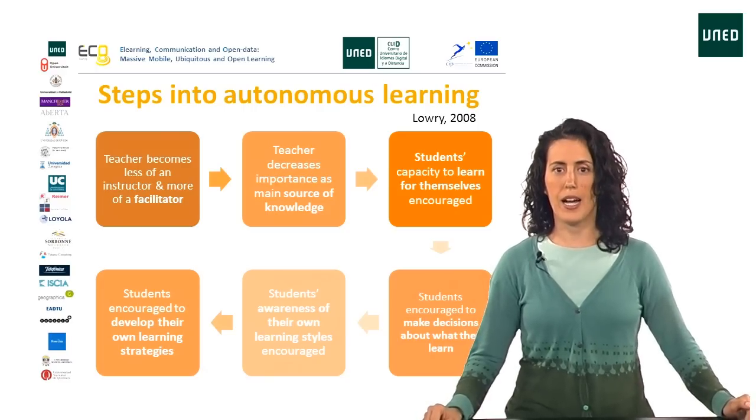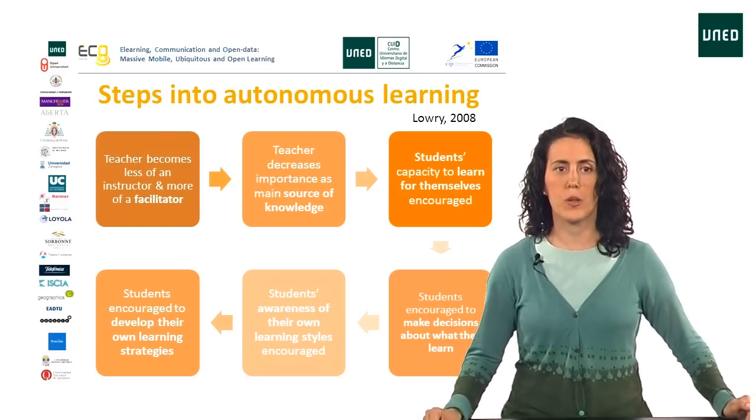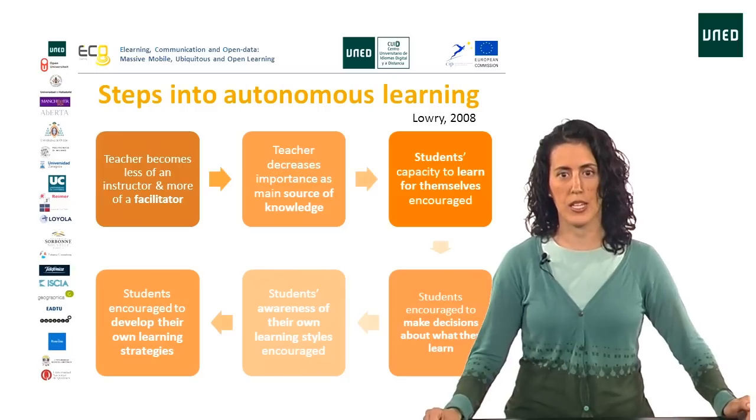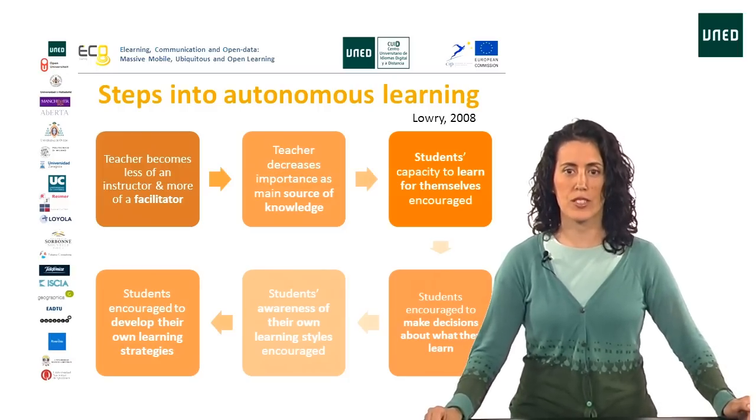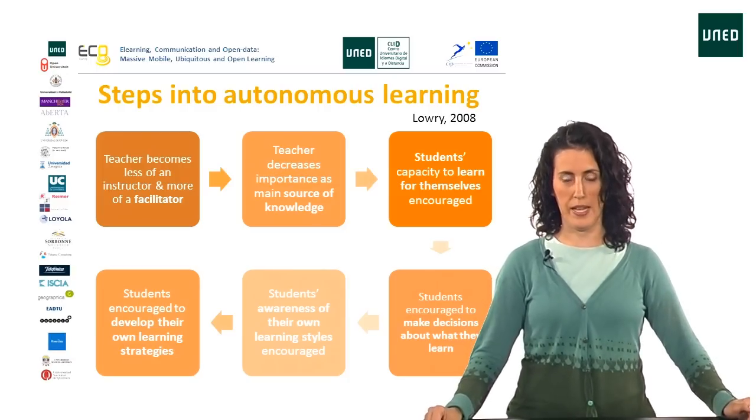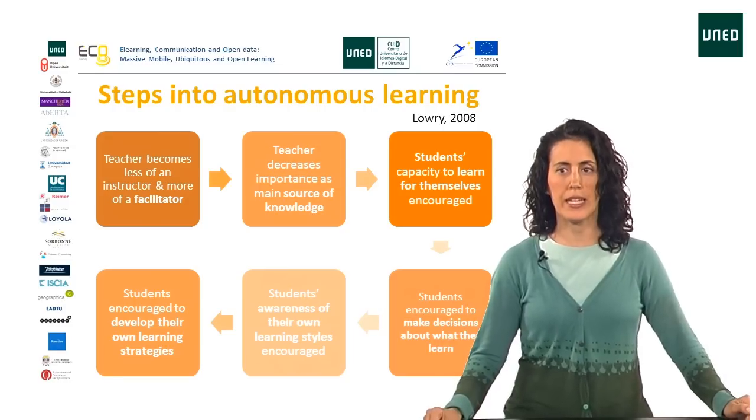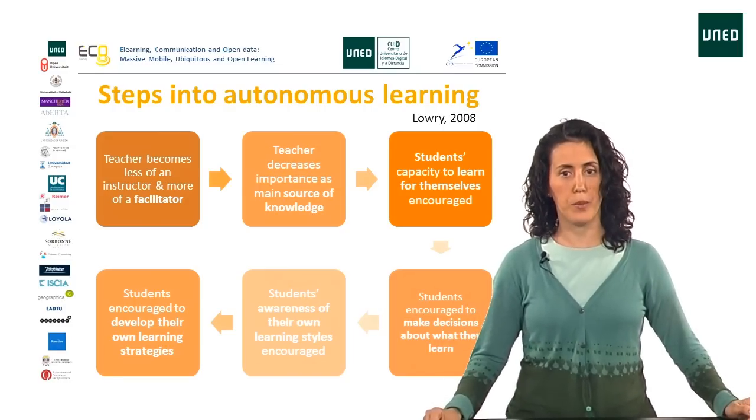Next step, that capacity to learn for yourself is encouraged. And then you have to make decisions about what you want to learn. And that's especially important, for example, in English for specific purposes.